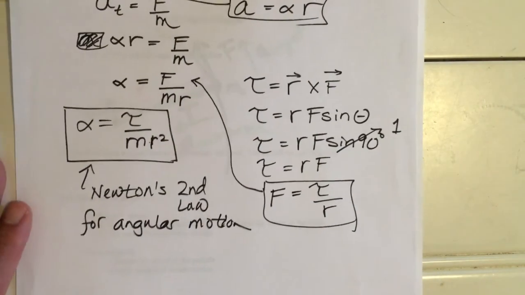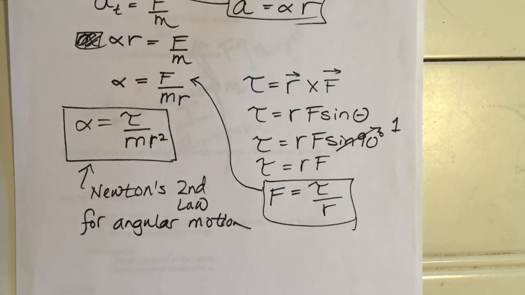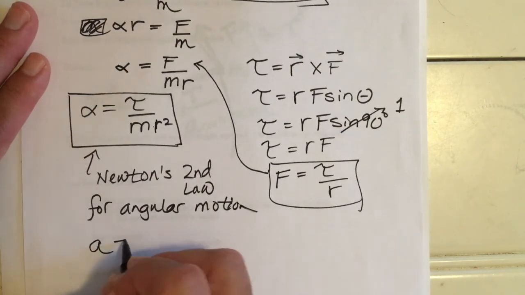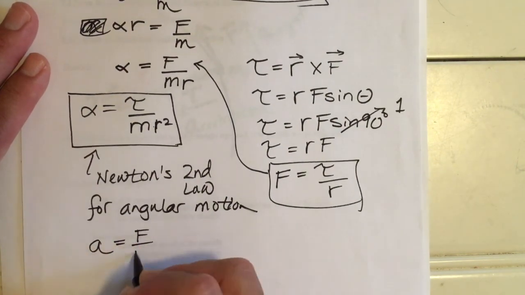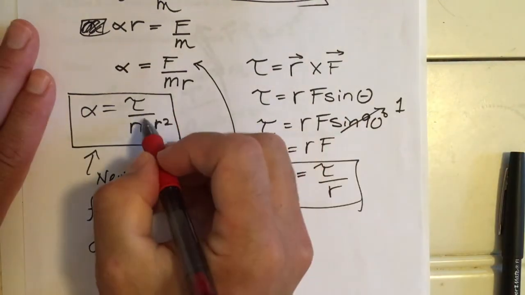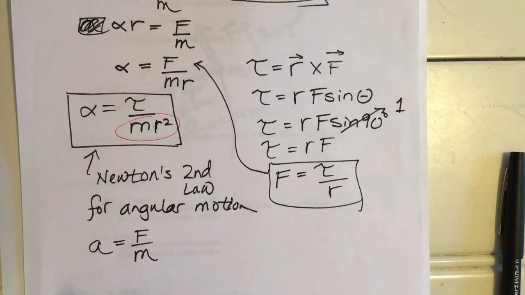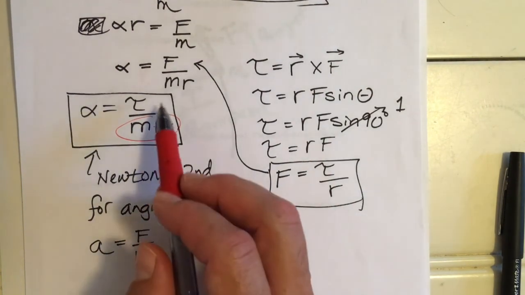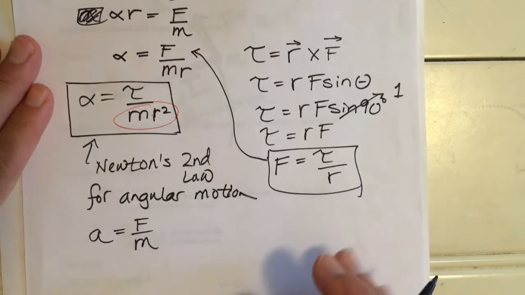And if I rewrite this one more time, I think maybe it'll make a little more sense, because this is in the form a equals F over m. So it gets at this idea, well, what the heck is this, right? This is replacing mass, and we call that quantity there mr squared.